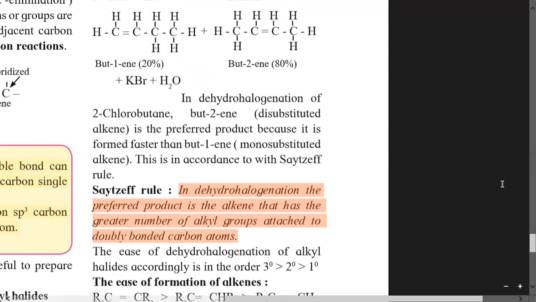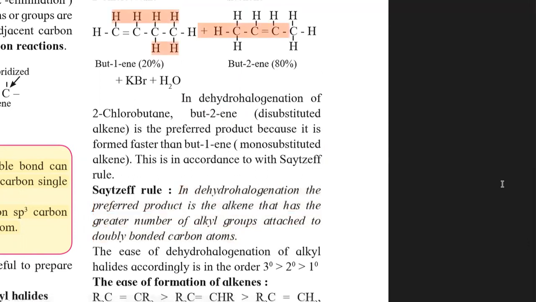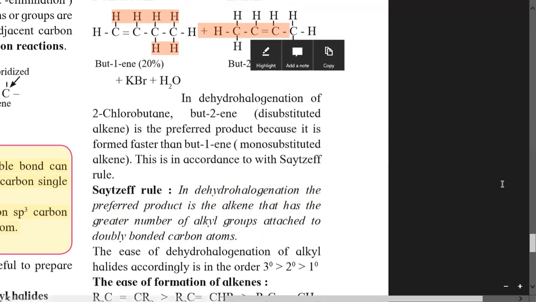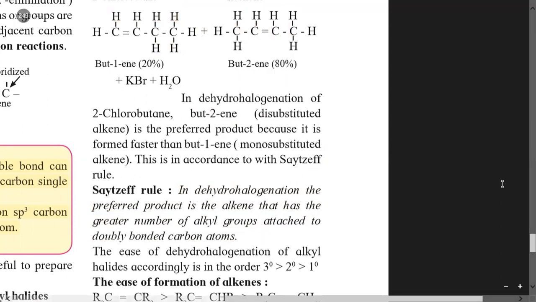We had studied that the alkenes obtained are but-1-ene and but-2-ene. Here the doubly bonded carbon atoms in but-1-ene have only one alkyl group, but in but-2-ene the doubly bonded carbon atoms have two alkyl groups. So but-2-ene is disubstituted and but-1-ene is a monosubstituted alkene.